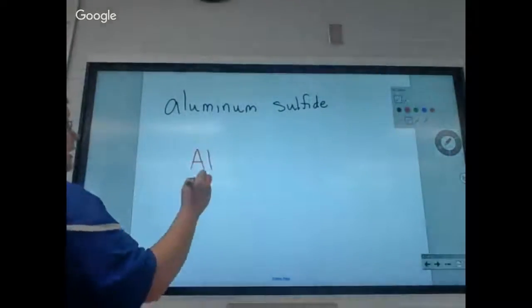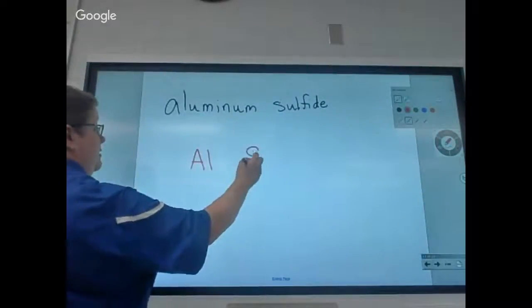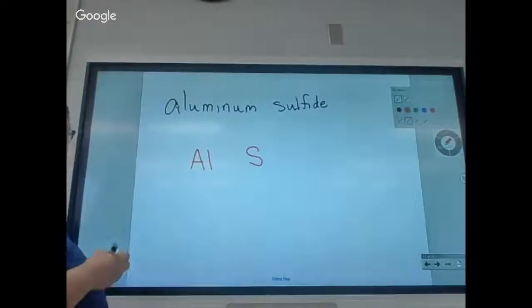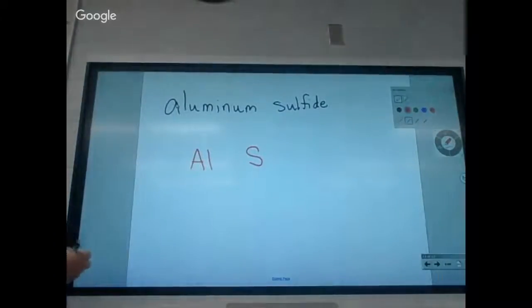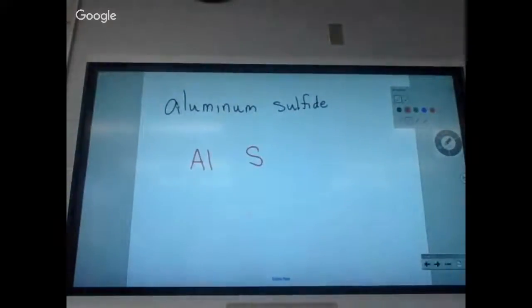All right, so what is sulfide? S. All right, so what's the oxidation number for aluminum? Let me give you a hint. When you look at this column, for those of you who are struggling, these are alphabetized.